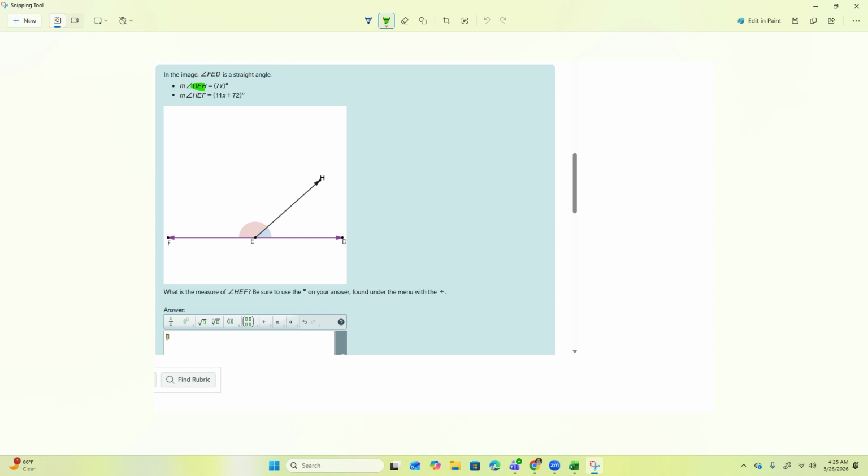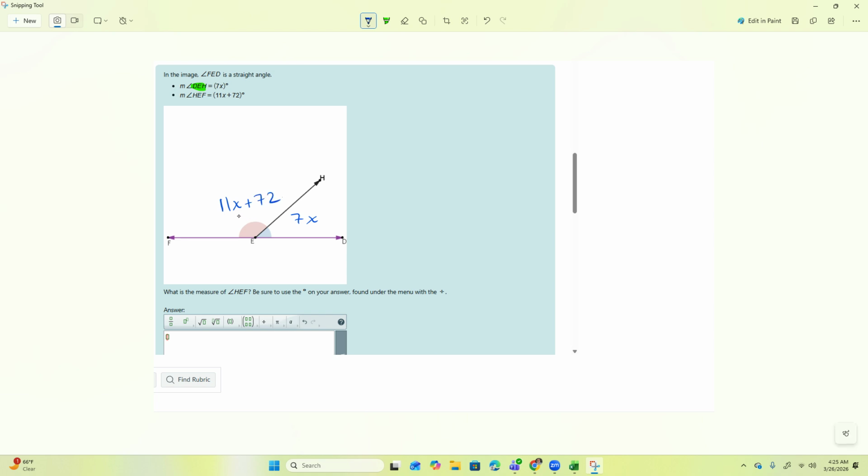The angle DEH, shaded in blue, is 7x, and the angle shaded in red, which is HEF, is 11x plus 72.